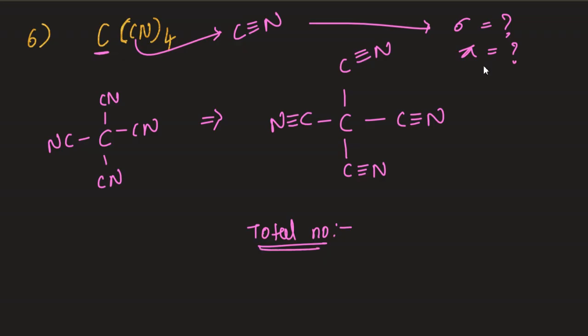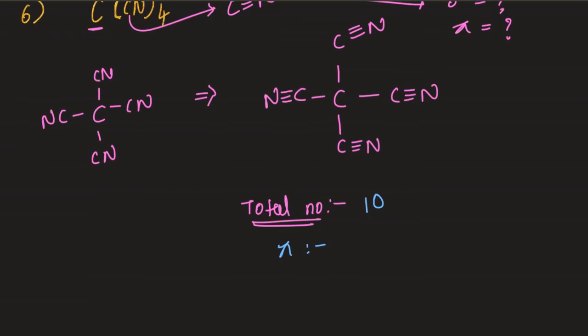So the total number of bonds is 10, right? Now, out of these, how many are pi bonds? Whenever you have a single bond, it indicates one sigma bond, zero pi bonds. If there is a double bond, inside it there is one sigma bond and one pi bond.